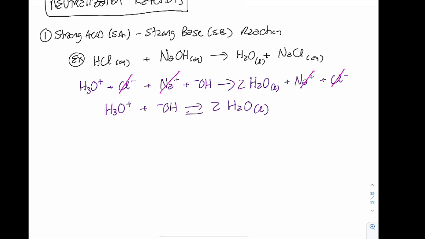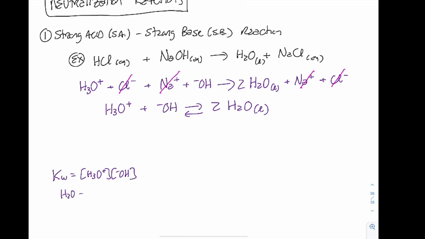And this actually does establish equilibrium. If we look at it, it's actually the inverse to my KW reaction, right? Remember the ionization of water. If I wanted to write KW, it's hydronium ion concentration multiplied by hydroxide ion concentration, right?